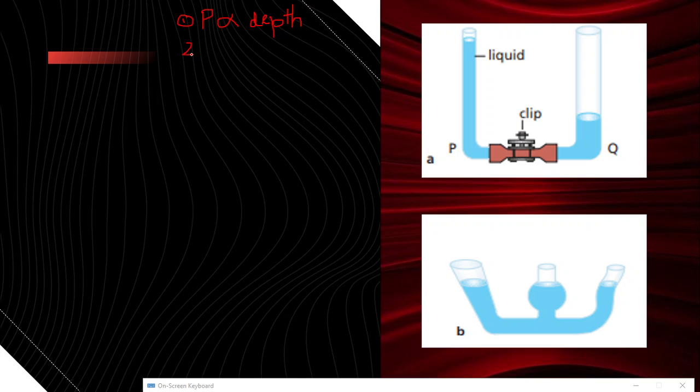And the second point is that pressure P1 is equal to P2 is equal to P3 if they have the same depth. So that basically means that whatever the direction, whatever the material, the thing that really matters is the depth. So same depth, and also let's just write that it is the same in all directions.